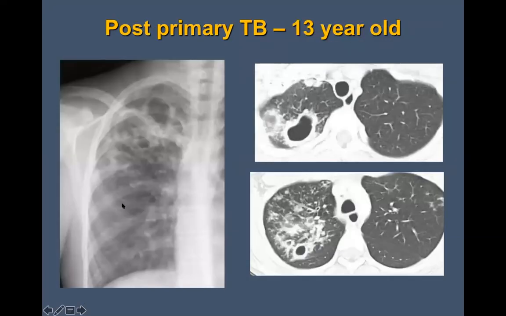And I don't think you really need a CT to make the diagnosis of post-primary TB off of this chest x-ray, but I think it does provide a nice demonstration of the multiple small granulomatous lesions, the interstitial changes that may be early fibrosis, and these large, very thick-walled cavities that are quite characteristic of post-primary TB.